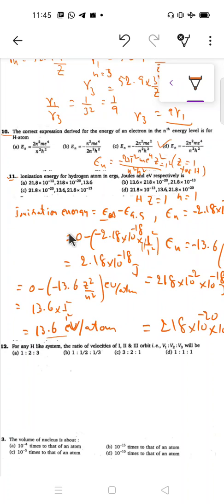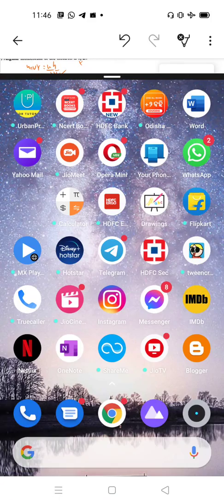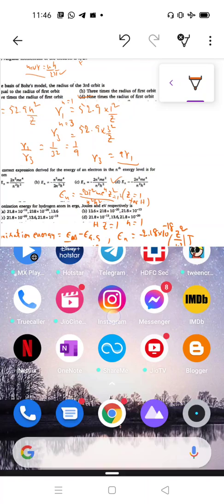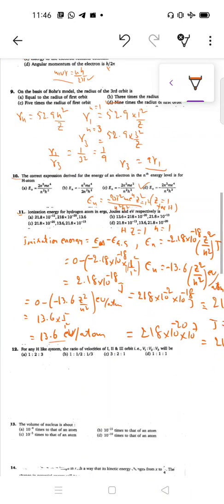Ionization energy, how do we write ionization energy? Like this: E infinity minus E ground state. For ground state energy, you use this formula and then calculate it. Okay, you can convert. Then, what is the answer for it?